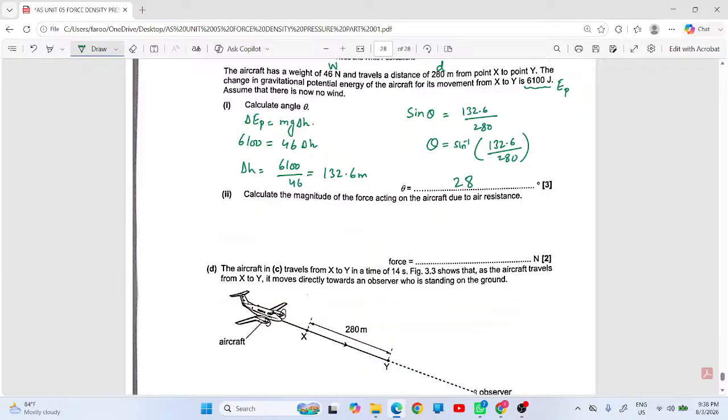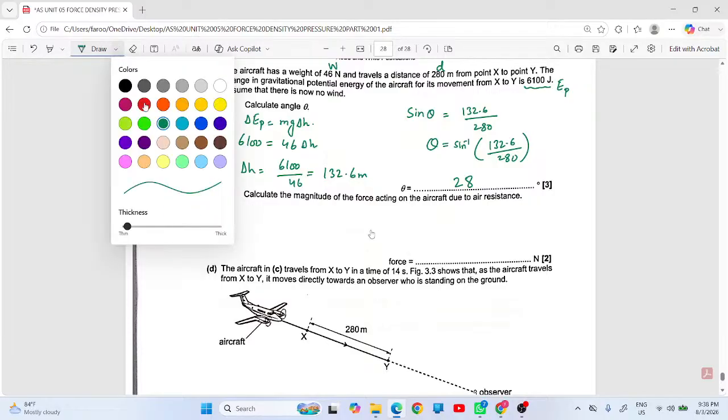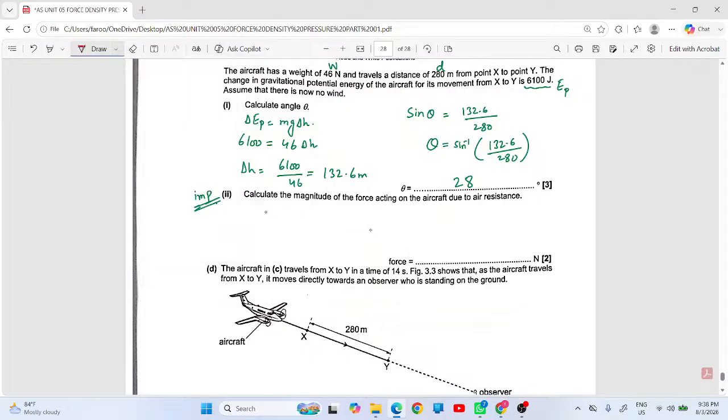Aircraft due to the air resistance. Magnitude of the force acting on the aircraft, लेकिन ऊपर तो लिखा था assume that there is no wind. ओके ठीक है। सो हम ऐसे करते हैं कि the aircraft is moving downward ना, so loss in potential energy equals gain in kinetic plus work done against frictional forces, है ना?